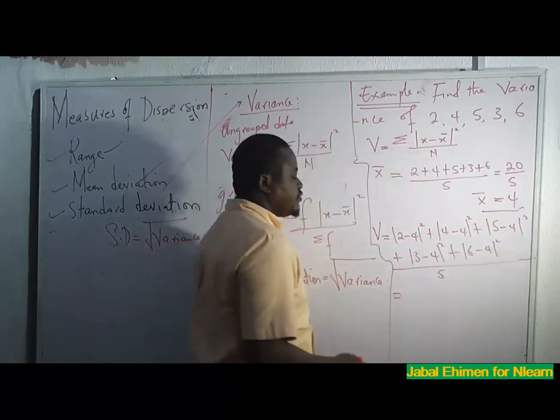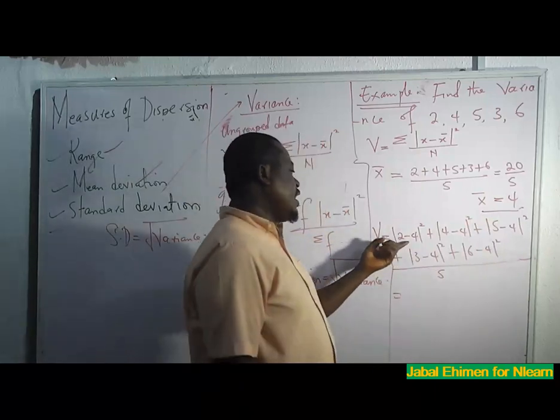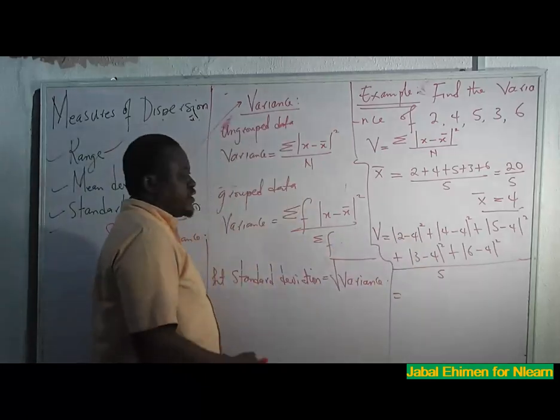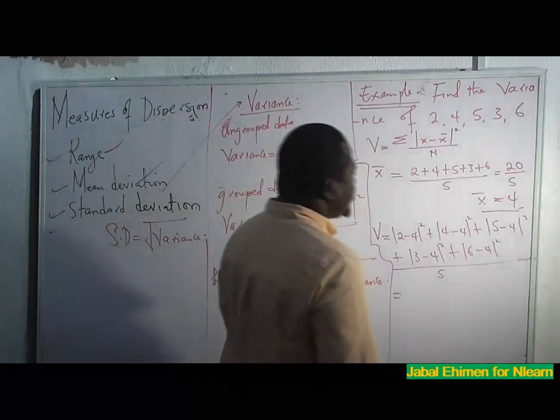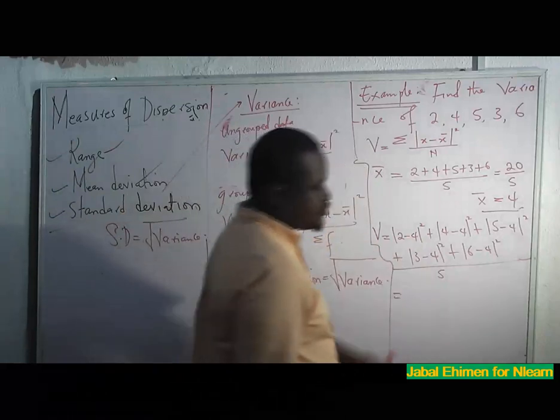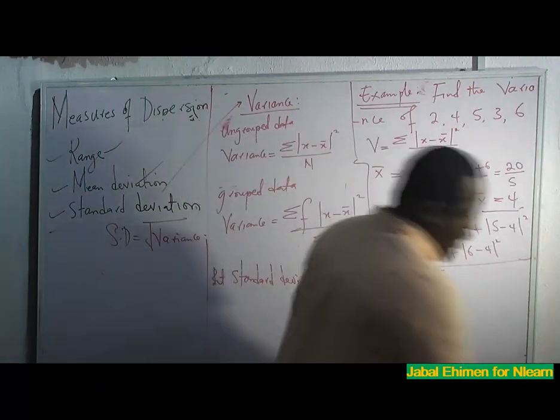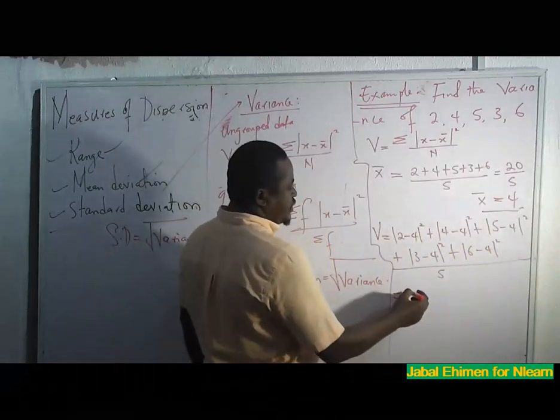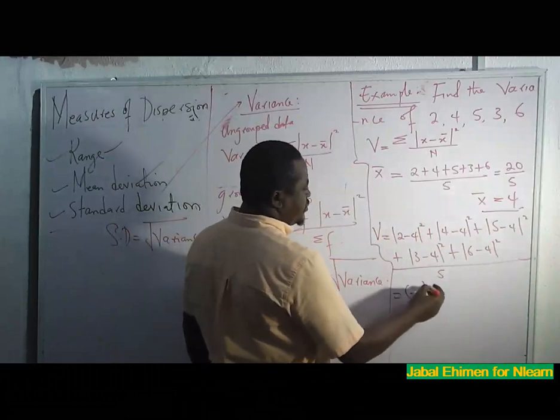So from there we can have something like this. 2 minus 4 will give us minus 2, so that is minus 2 squared.